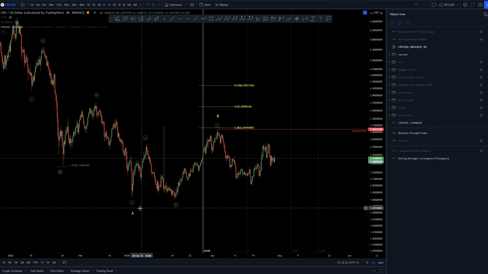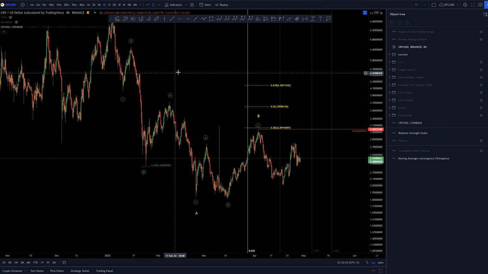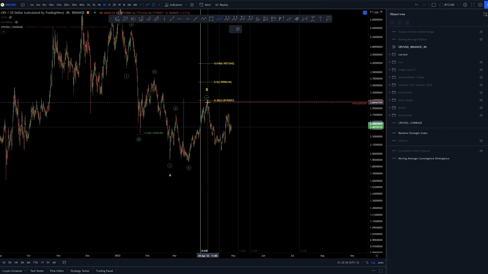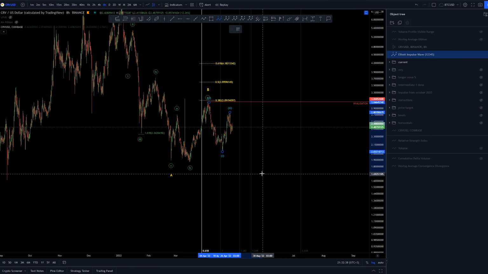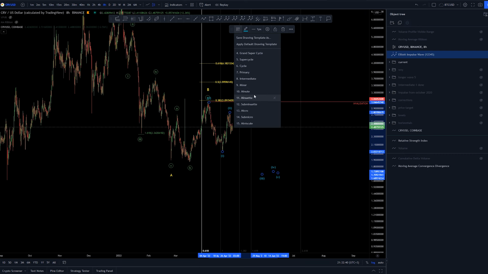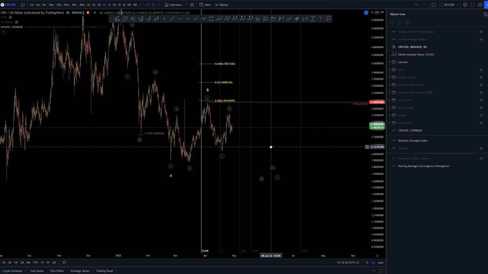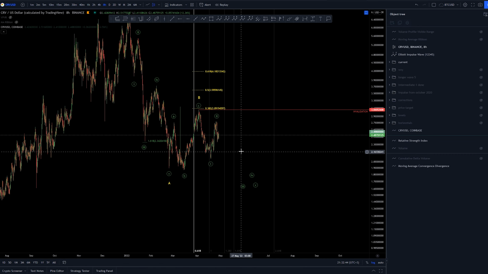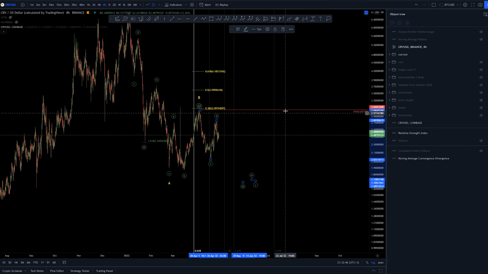If it's A, we would be looking for A, B, C, and currently we've only retraced around 38% of this move. Now invalidation is placed here just in case we are looking at this next structure here as a 1, 2, 3, 4, 5 on minute scale. So that's why the invalidation is there.